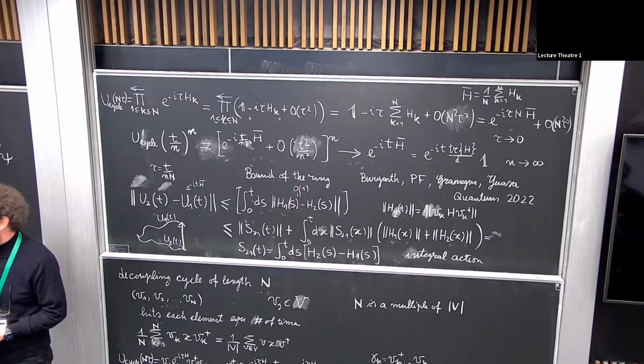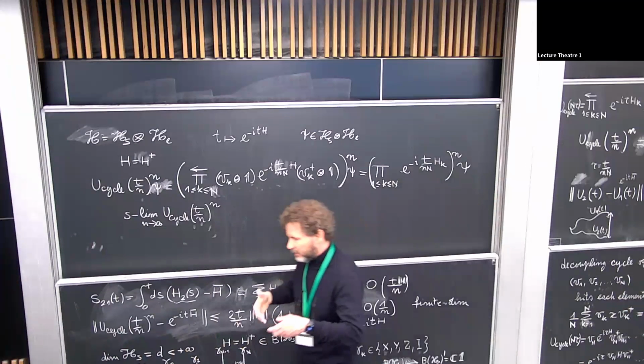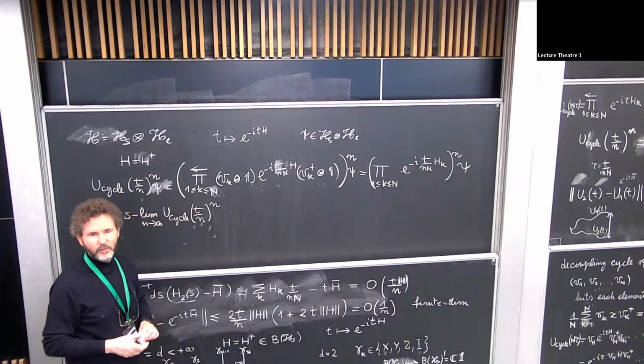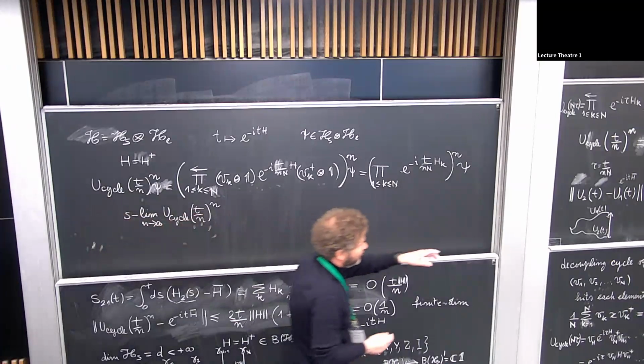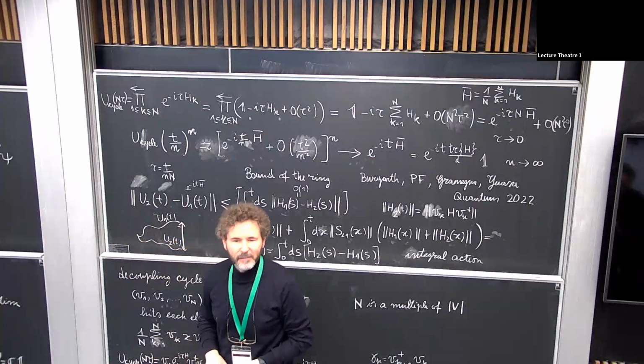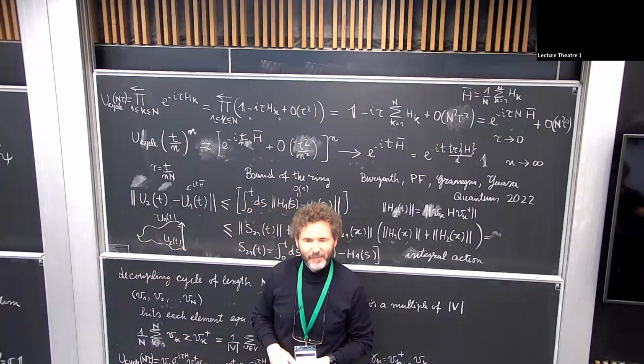There are states which are well behaved, and so they give you a good convergence rate, which is essentially 1 over n.